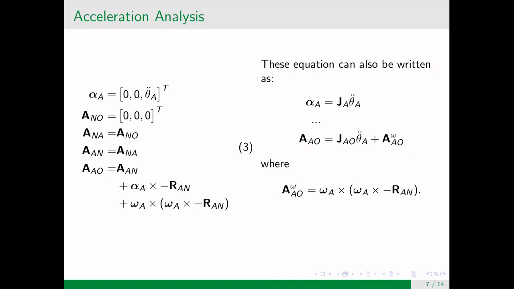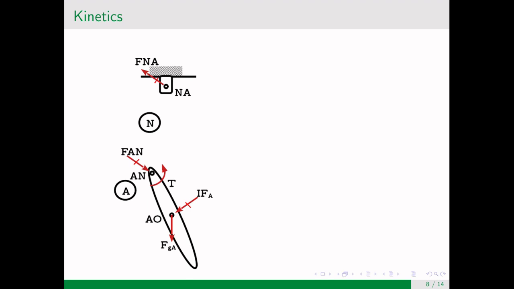So alpha A is J times theta A double dot, and acceleration of the point AO is JAO times theta A double dot plus the omega component. The omega component of the acceleration can be computed by simply using theta A double dot equal to 0 in the equations.